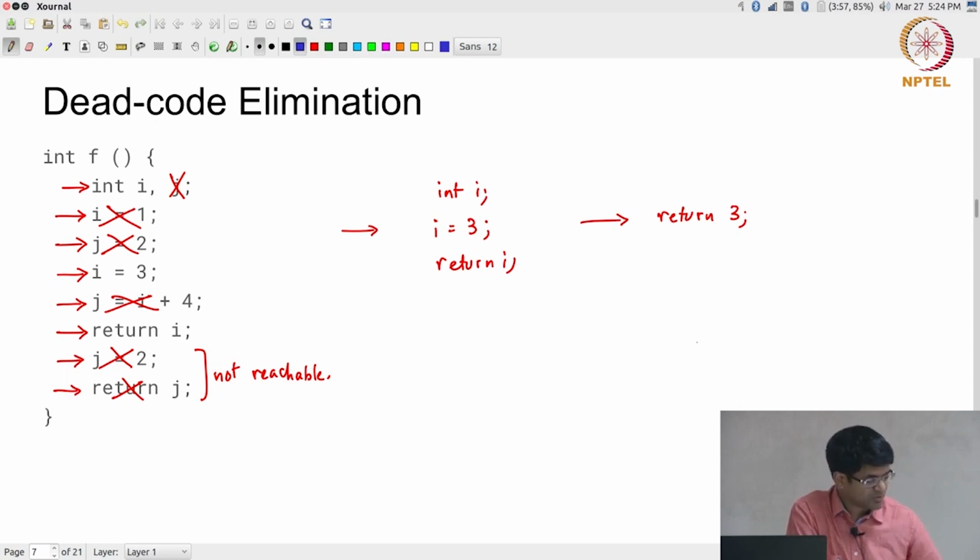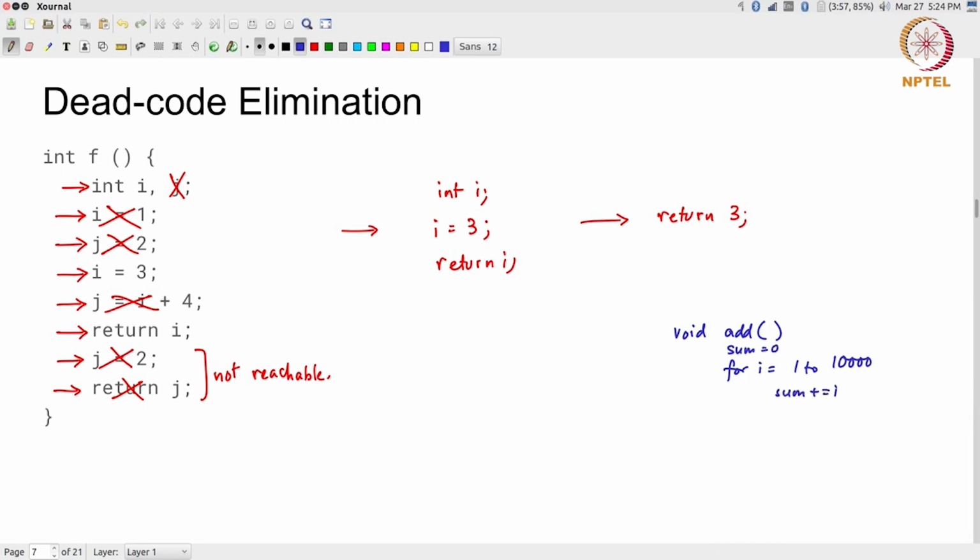One way that I could do this would be to have one function that says void add, which says for i equal to 1 to, let us say 10,000, some large number, I will declare some sum equal to 0 and then just say sum plus equal to i, some constant value.